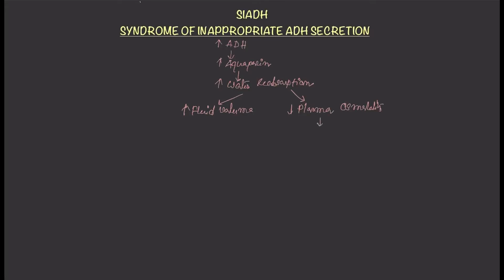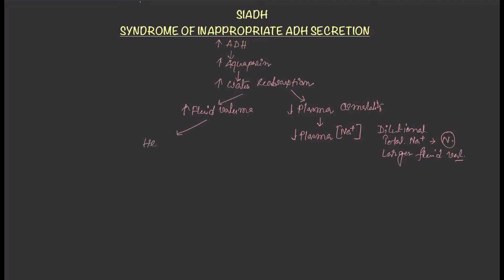That decrease in plasma osmolality leads to a decrease in plasma sodium ion concentration, because there is dilution of the blood. The total amount of sodium remains fixed, right? And that amount of sodium has been diluted in the larger fluid volume. That is why there will be dilutional hyponatremia.